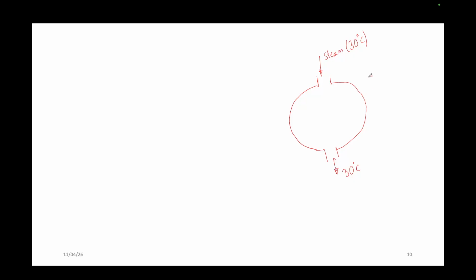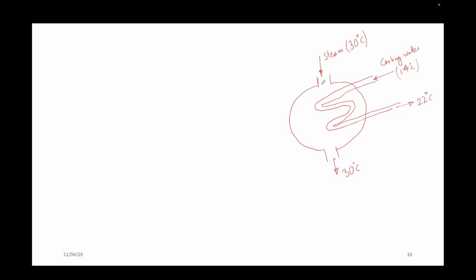Say this is a tube. The cooling water is at 14 degrees C, and this liquid is coming out at, say, 22 degrees C.